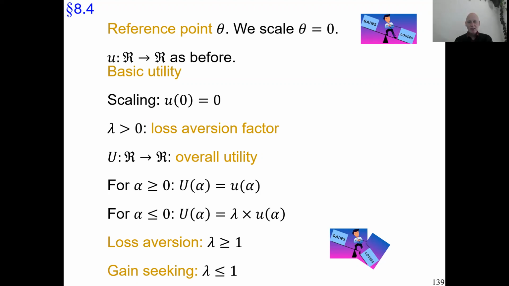This also means that these concepts only play a role when both gains and losses are involved. We call it mixed gambles if gambles yield both gains and losses. If, for instance, we are in a domain with only losses, then the loss aversion parameter doesn't matter. It doesn't impact anything. It has no meaning in a way.